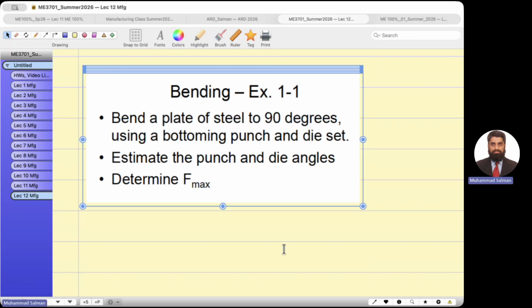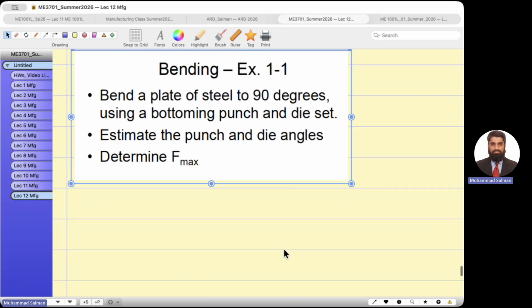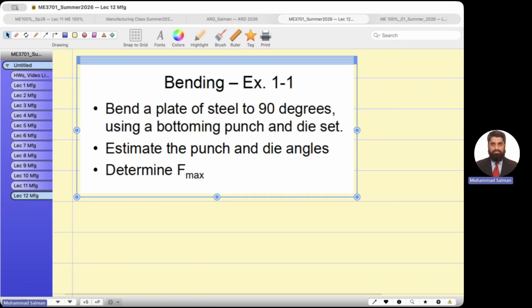Estimate the punch and die angles, and determine the maximum bending force, okay?